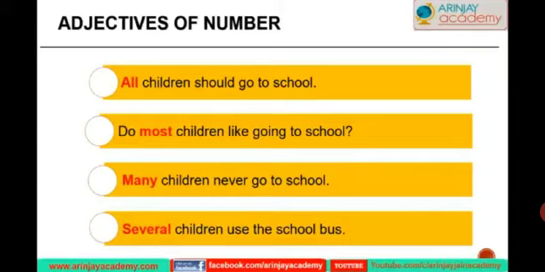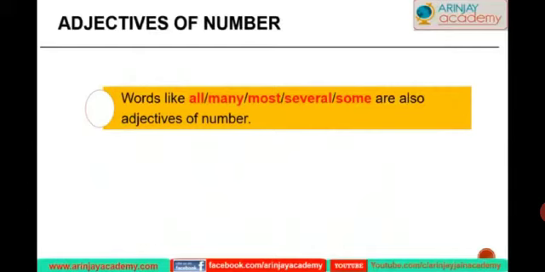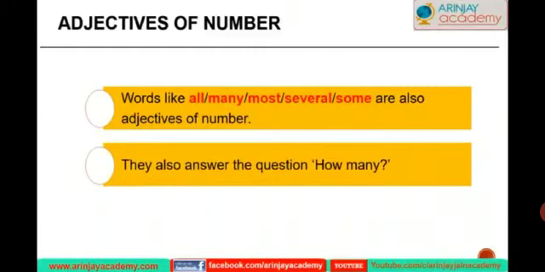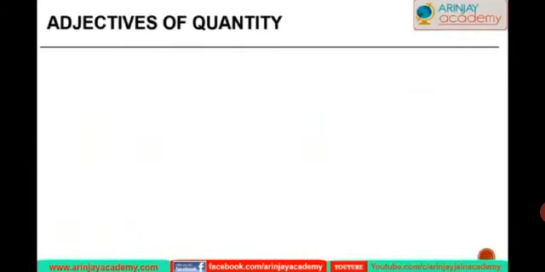This also comes under adjectives of number. Words like all, many, most, several, some are also adjectives of number. They also answer the question how many.